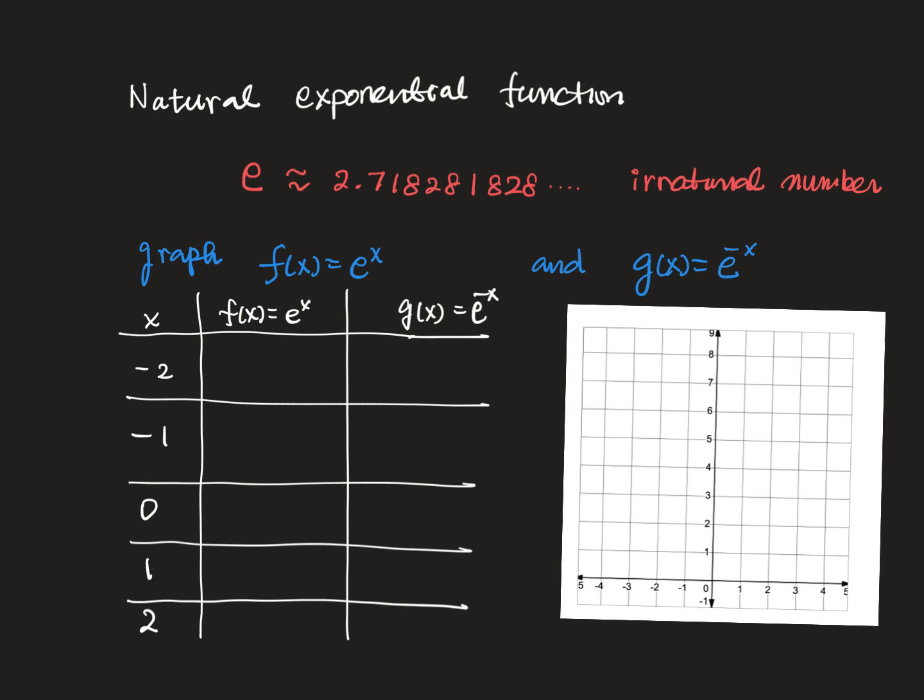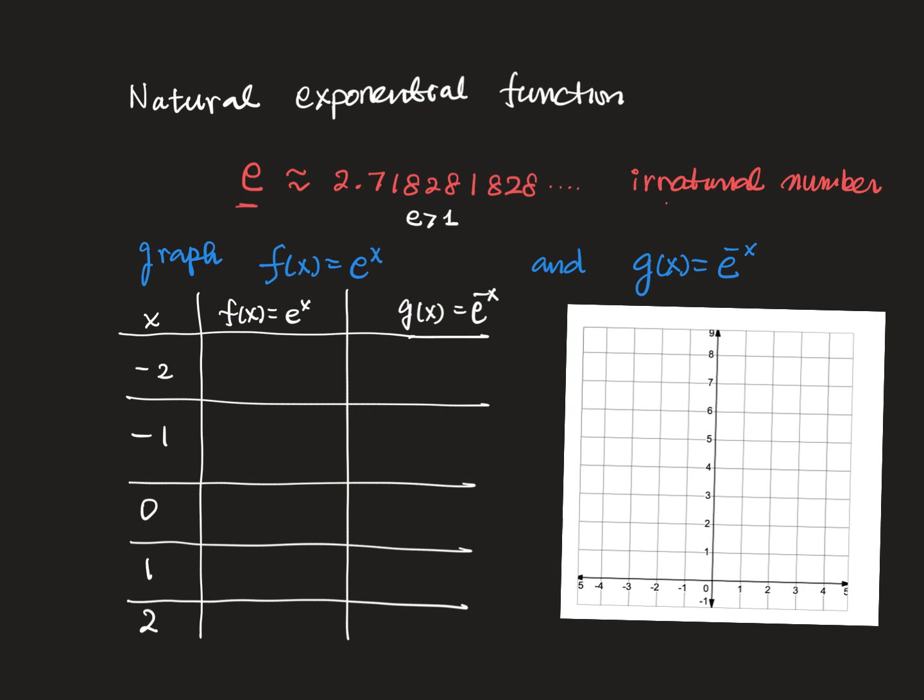E is an irrational number; its decimal never stops. We call it the natural base, and this one is the natural exponential function. It's 2.71828.